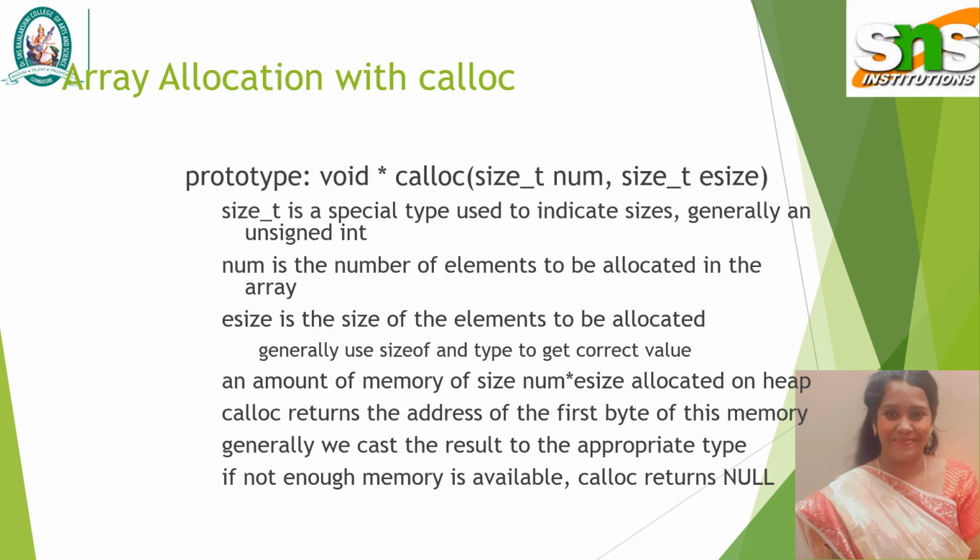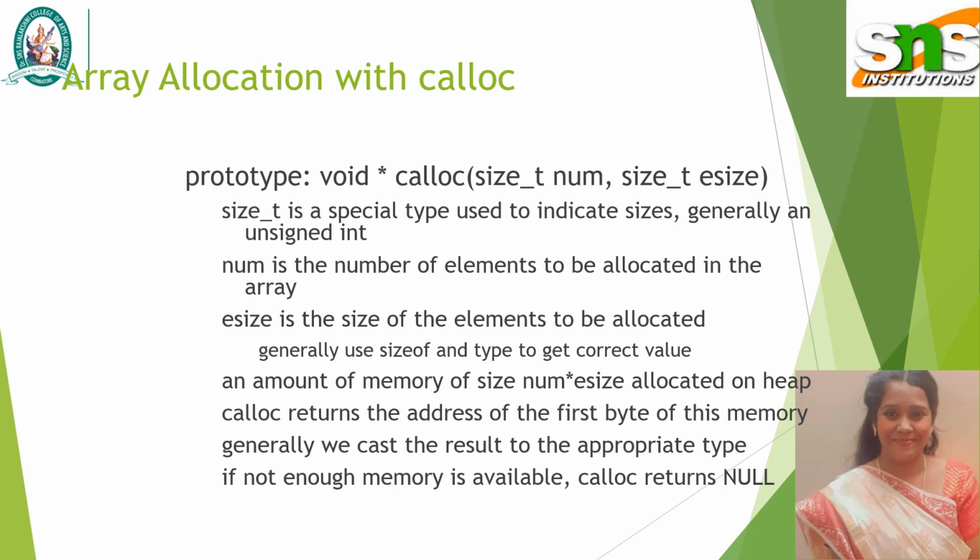So allocation with calloc first. When we go for calloc, it is a special type that is used to indicate the sizes, generally an unsigned int. So an amount of memory that is used for calloc is the first byte of memory that is used for allocating the function.